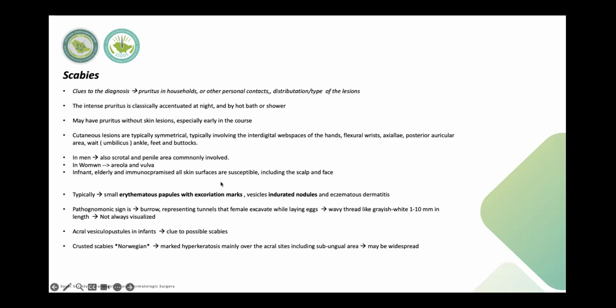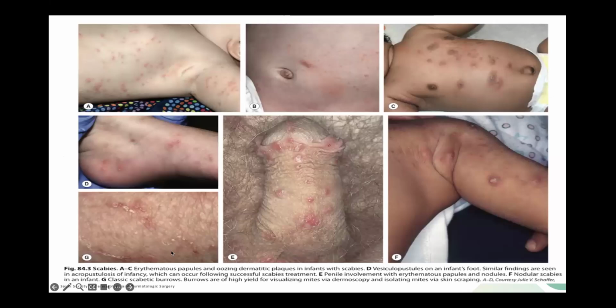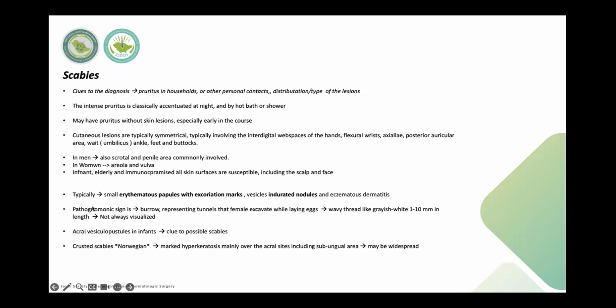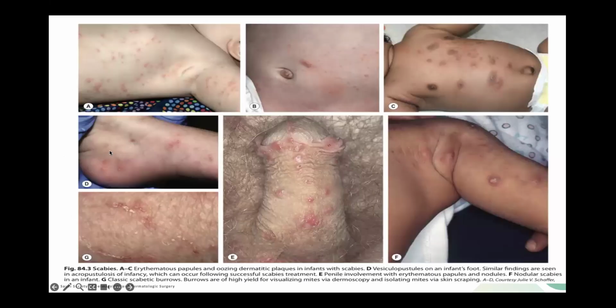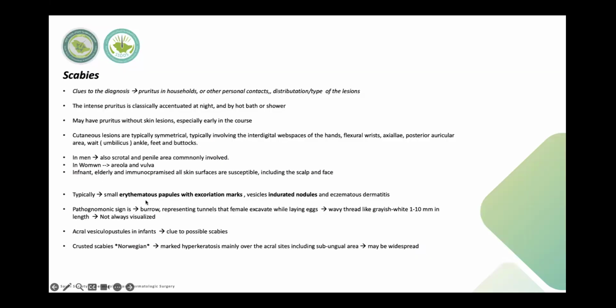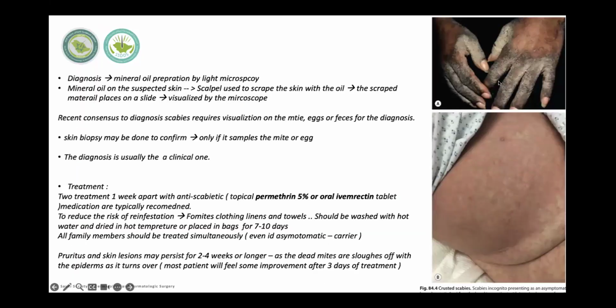Sometimes you will find the burrow of the scabies mite itself, but it's very rarely seen. In some infants, you can see acropustulosis, which has been associated with scabies, not always occurring with scabies, but it can be. And in crusted scabies, you will see very scaly crusts, like here or here, of course more severe than this, but this means this patient has a lot, like thousands, of mites.